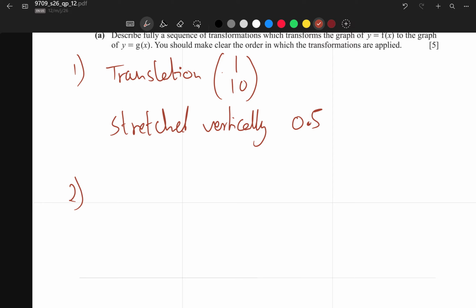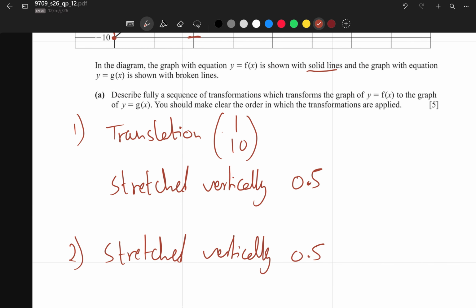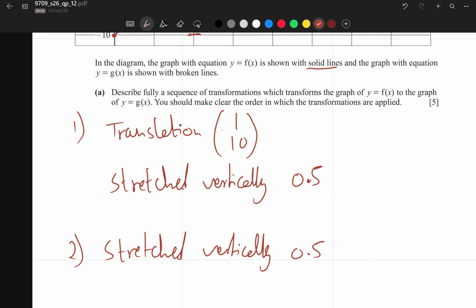If you use the other method, you have to write that first it was stretched vertically with the same factor, then it was translated.